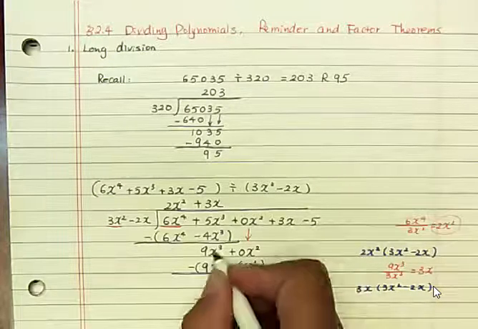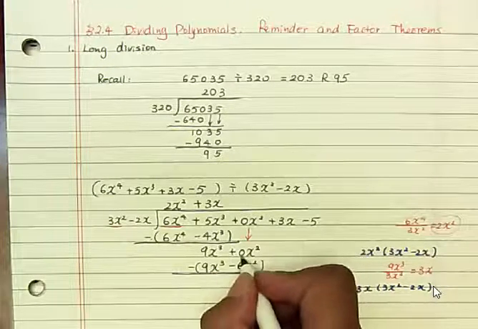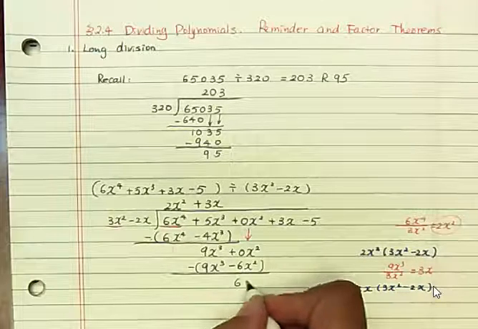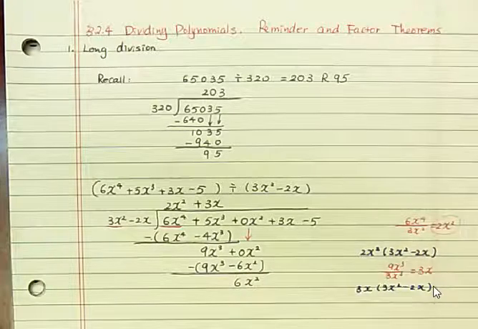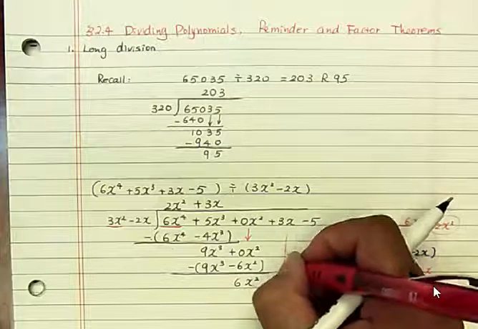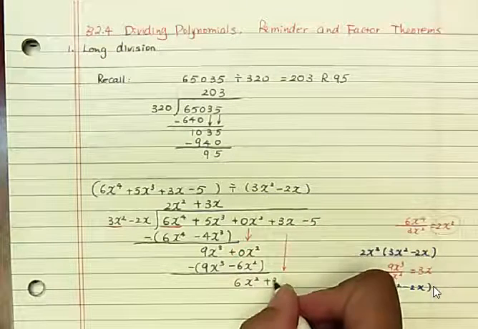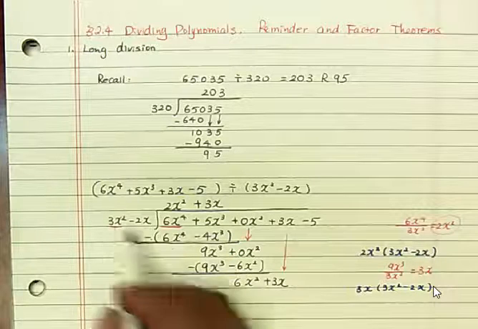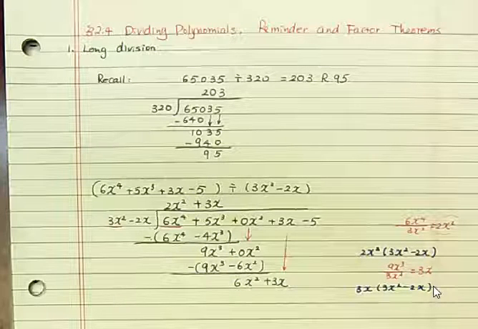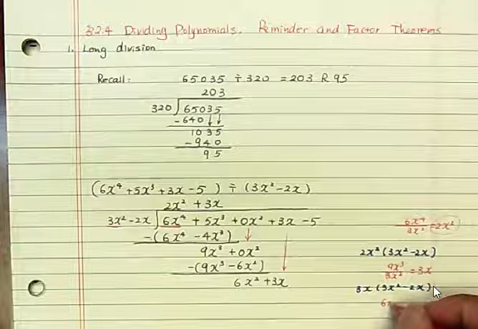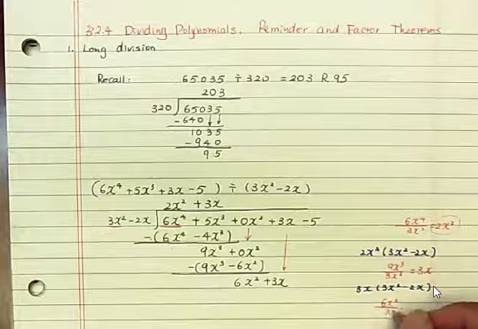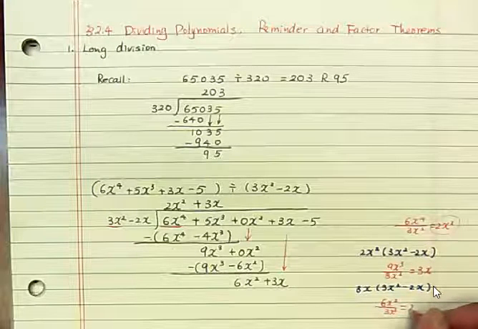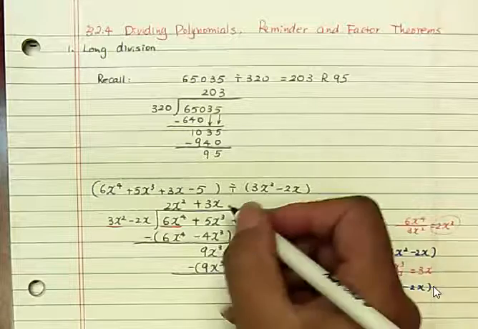Subtract that, so that one is 0. 0 minus negative 6, that's positive 6x squared. Again, we are going to bring the next term down, plus 3x. Let's see, x squared is still the same degree. I can divide that. So we are going to use 6x squared divided by 3x squared, that gives me 2. So that goes to my quotient.